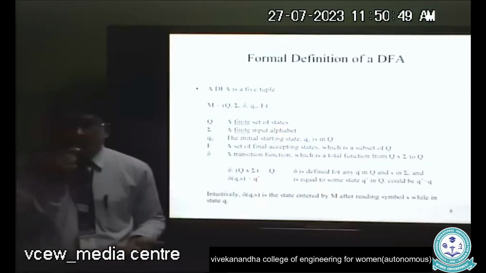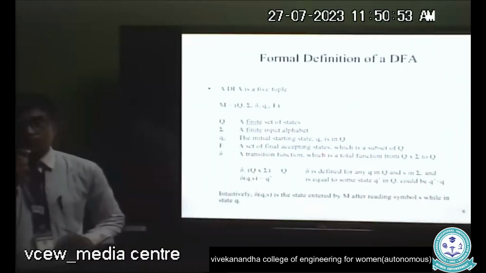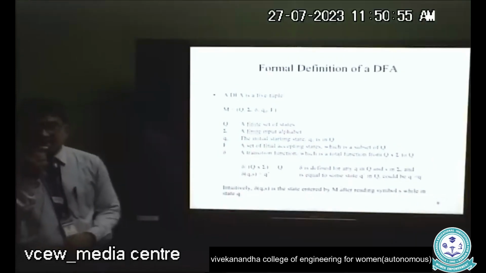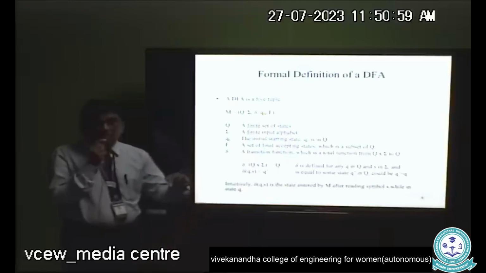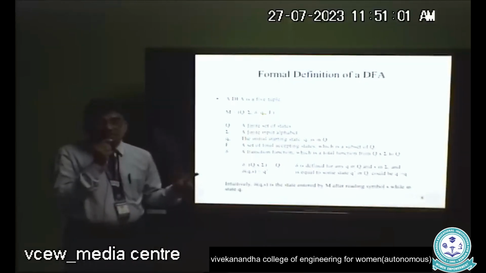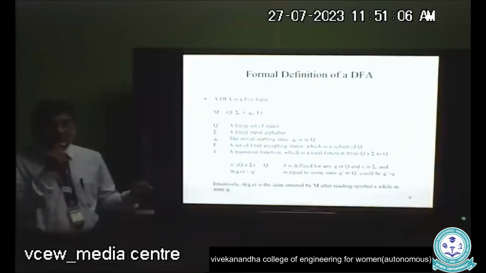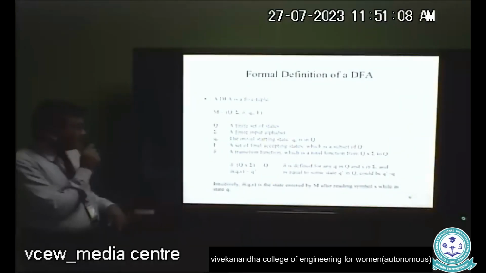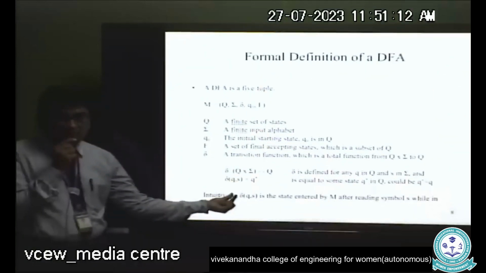For the final state, we should consider one point. In a transition diagram, if any state is encircled with two circles, that is, marked as a double circle, that state is considered to be a final state of the transition diagram. And delta is one simple transition function.